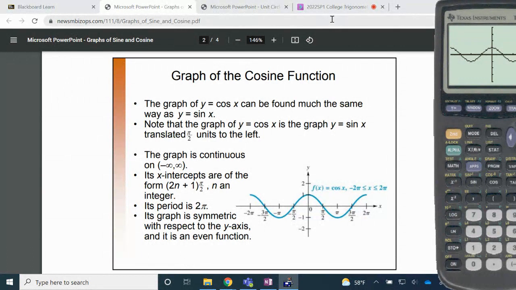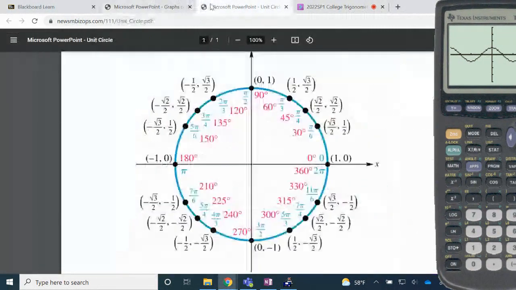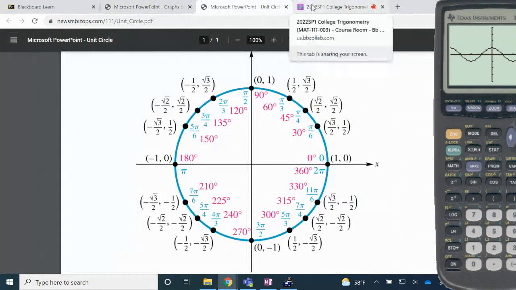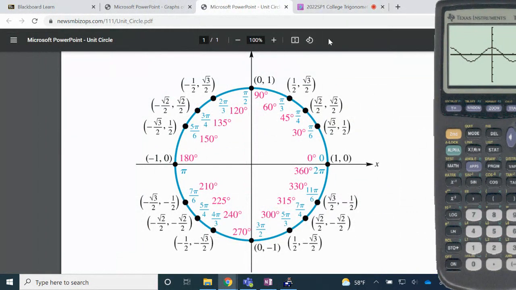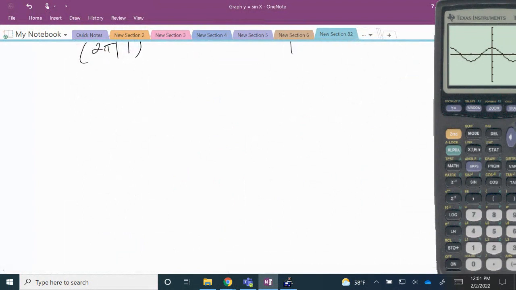All right, so at this time, I'm actually going to give you a problem to attempt to graph. I would like for you to graph y is equal to 3 times the sine of 1/3 x.